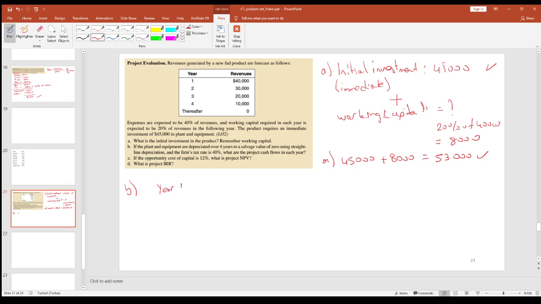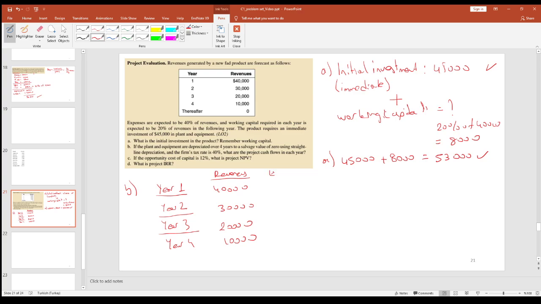So year 1, year 2, year 3, and year 4. So your revenue for year 1 here is written 40,000, 30,000, 20,000, and 10,000.